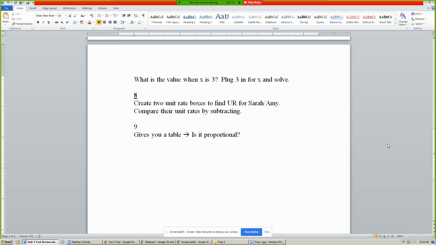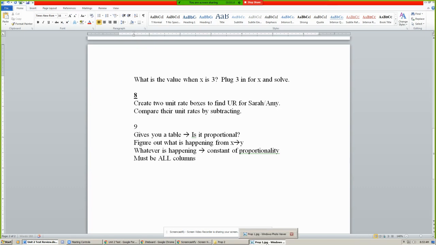So you're going to need to figure out what's happening from x to y. Whatever is happening, that's your constant of proportionality. And remember, it must be all columns.